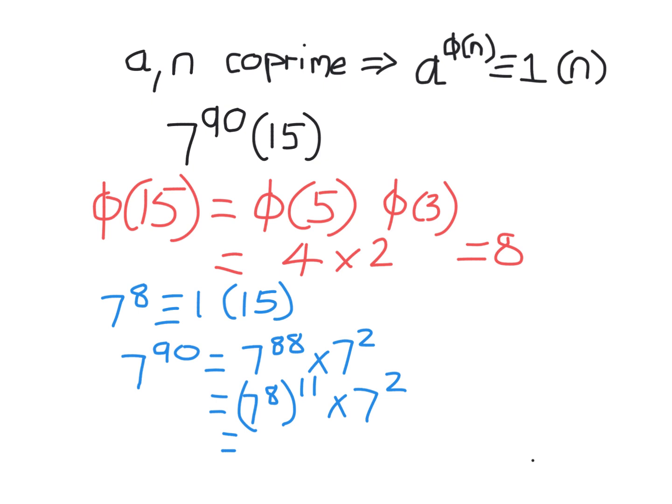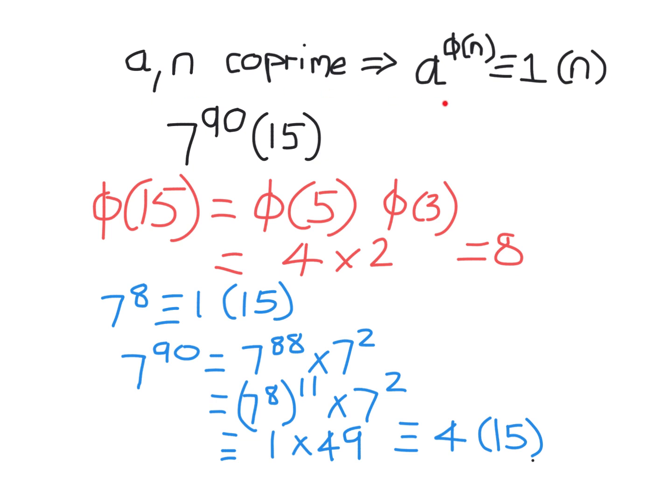So this is just going to be equivalent to 1 to the power of 11, which is just 1, times 7 squared, which is 49. And 49 is pretty easy to reduce modulo 15. That's our final answer for modulo 15.